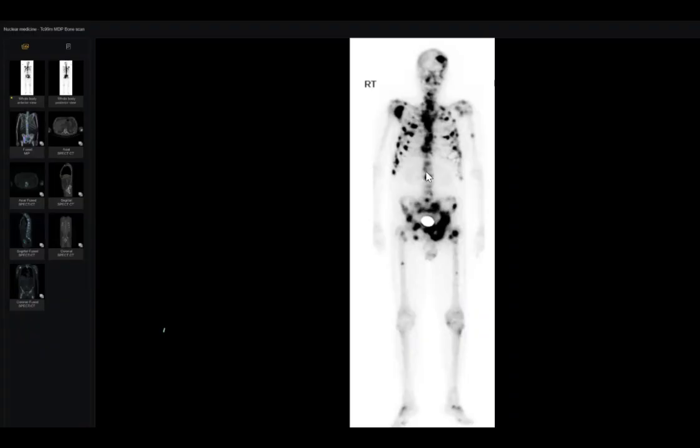Take care, my colleague. The specific tracer related to prostate cancer is called PSMA. Okay, it is used specifically, number one, to make sure this is related to prostate.